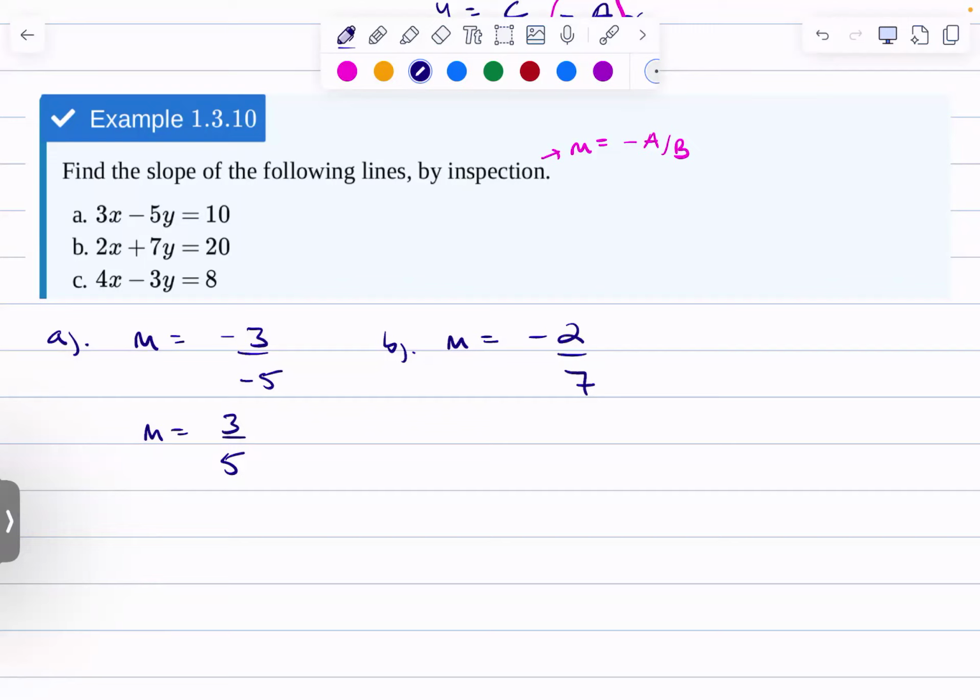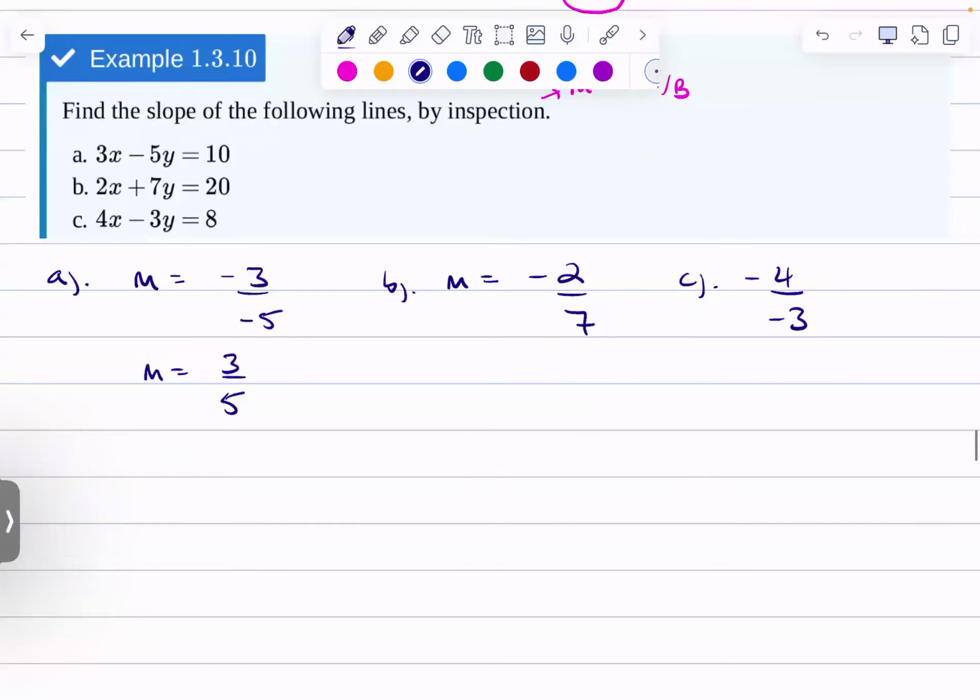Okay? But then you should be good to go. And c, we have negative 4 divided by negative 3. So m is 4 over 3.